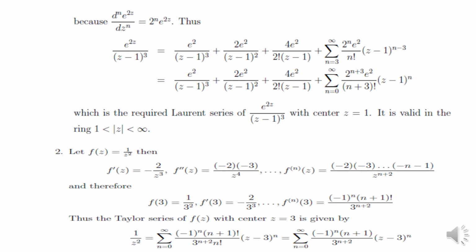The function is 1 upon z square into (z minus 3) whole square, all in denominator, and z is equal to 3.